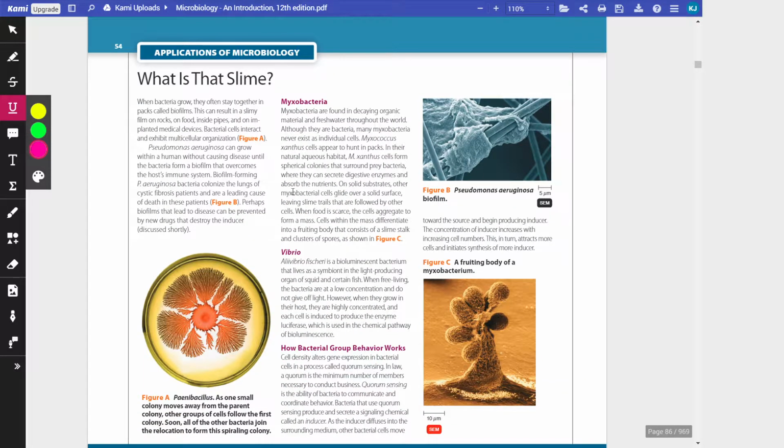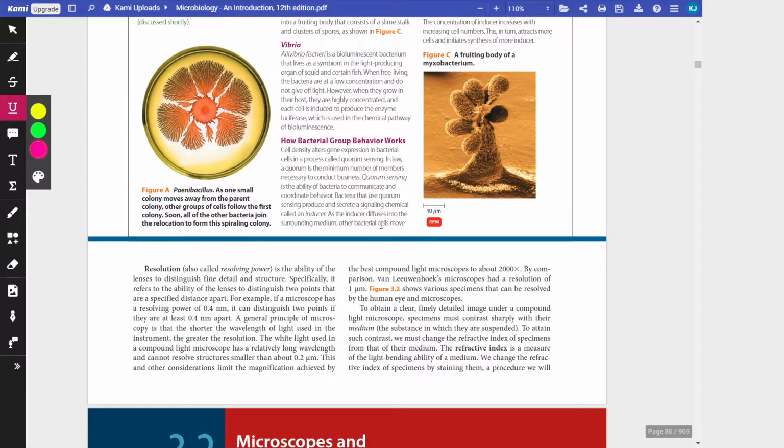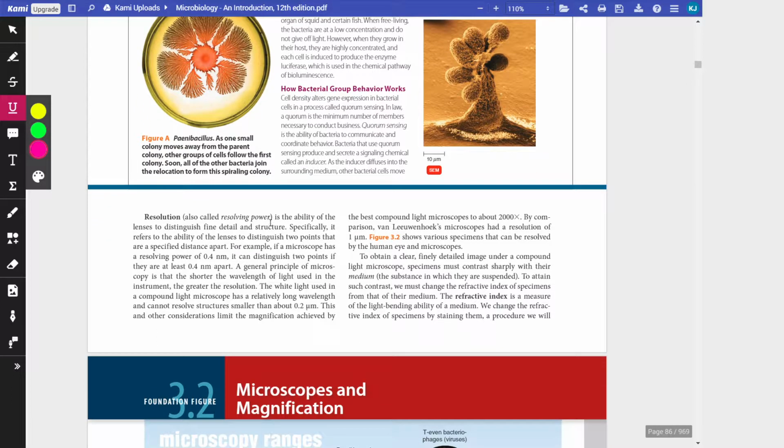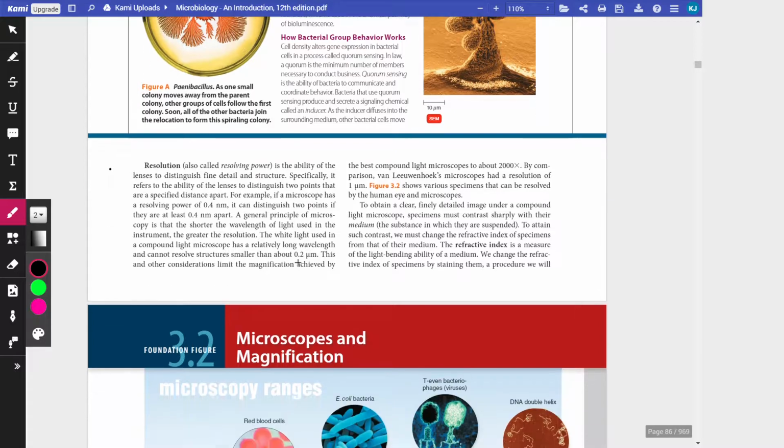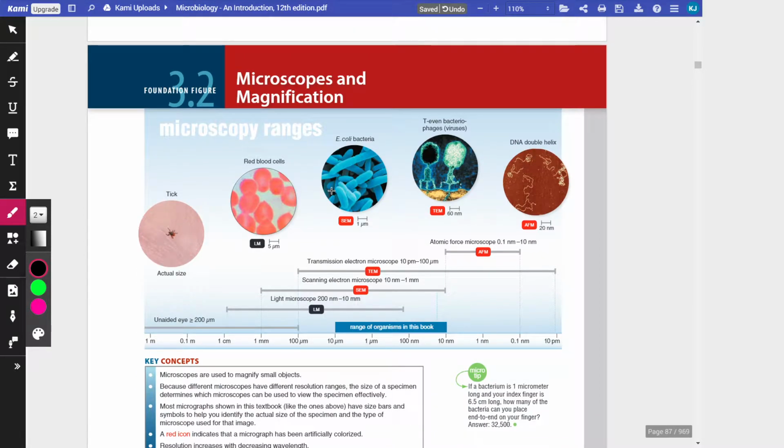Side anecdotes help you grow your interest in microbiology. Resolving power, resolution, details in the structure. Might be important. Yeah, I like to leave a little bit of dots in case I might want to come back there.